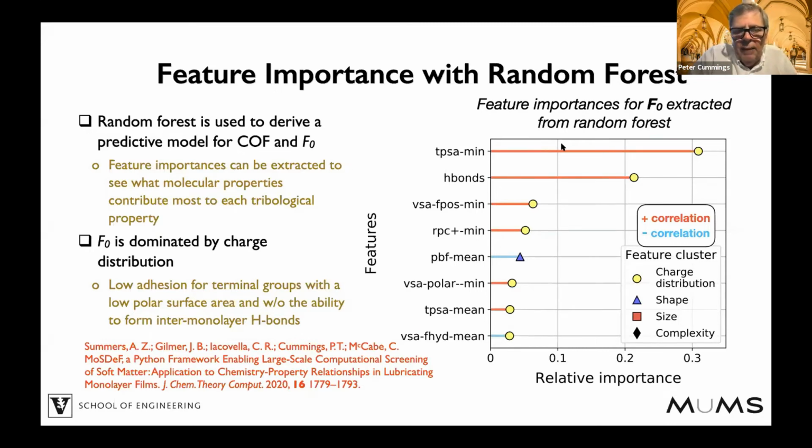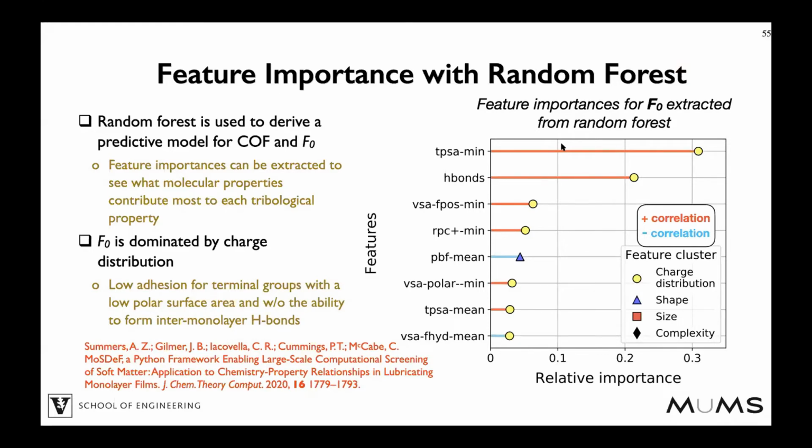But we already saw that to some extent in the raw data. What we didn't see in the raw data was the way in which shape was playing a major role in determining the coefficient of friction.